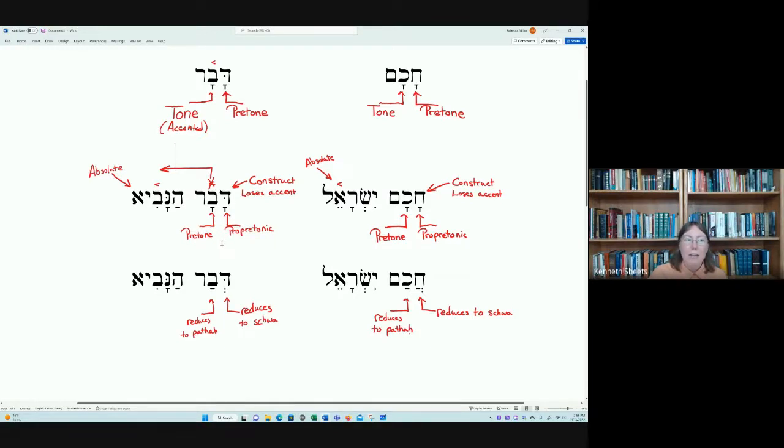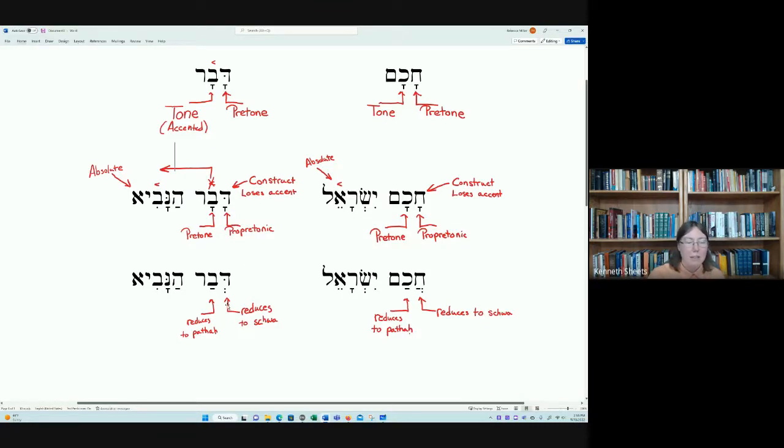And as we've seen as we've been going through the Hebrew language, kamates, while it can stand in the tone syllable and it can stand in the pretone syllable, does not stand in the propretonic syllable. As a matter of fact, in the propretonic, it will reduce all the way down to a vocal schwa.